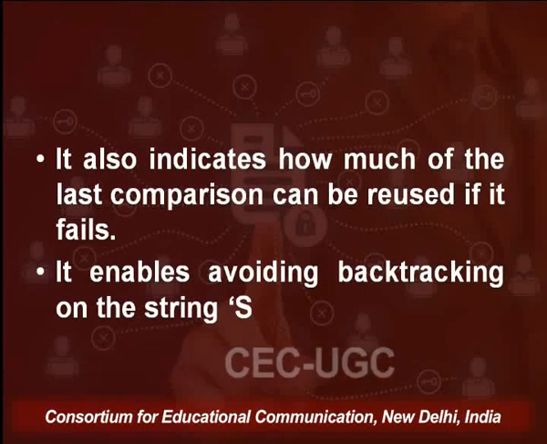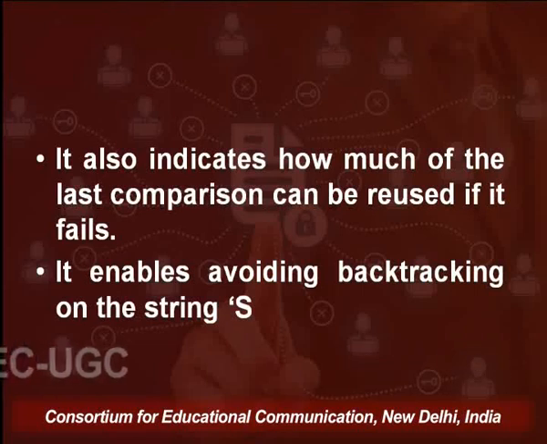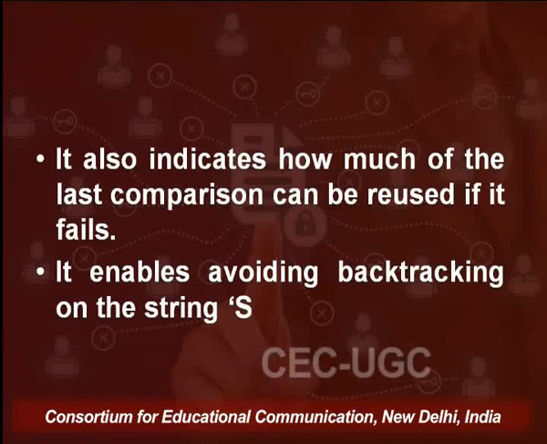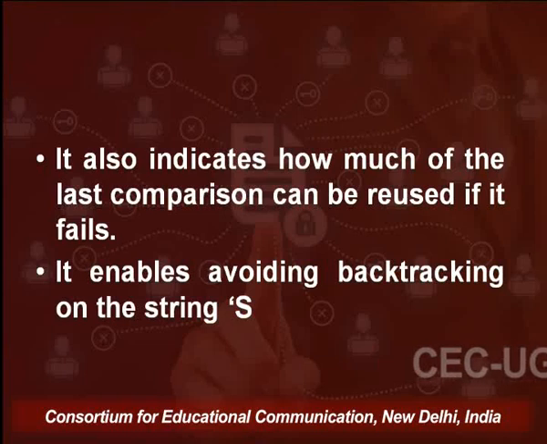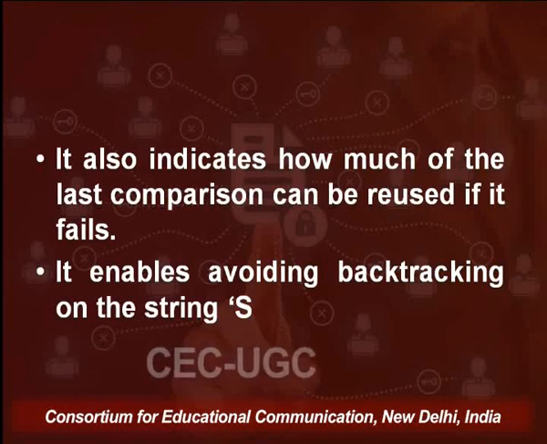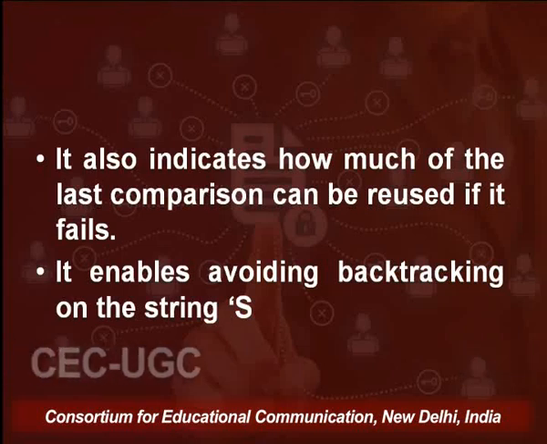This prefix table, the longest prefix which is also a suffix, indicates how much of the last comparison can be reused if the comparison fails at a later stage, and it also enables the avoidance of backtracking on the string x.